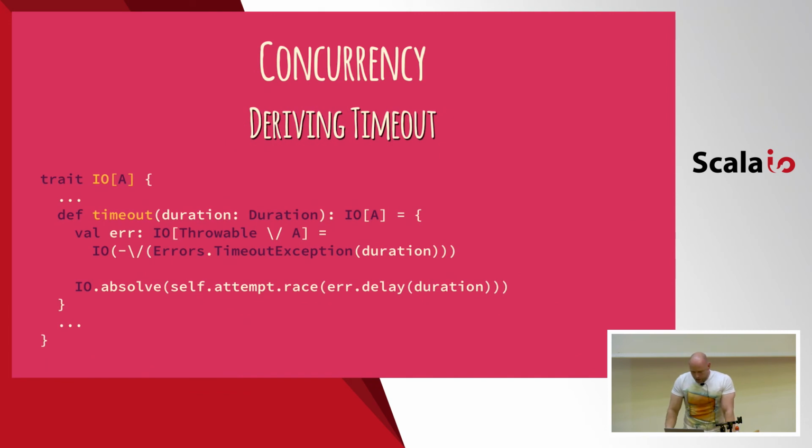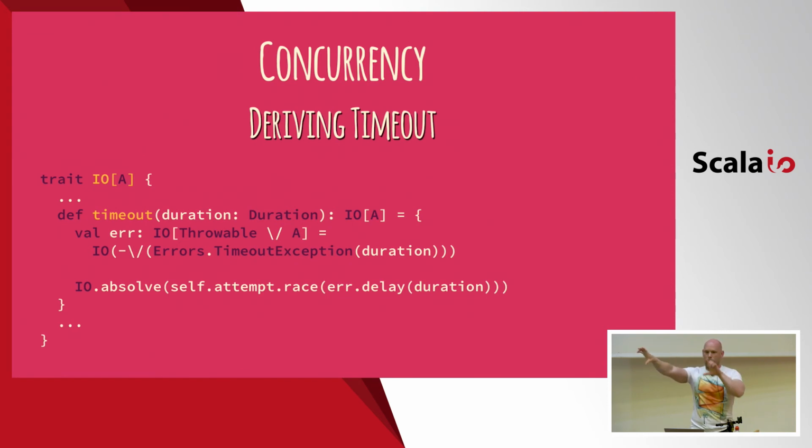In fact, we can also use this, the derived erase, to implement timeout, a non-broken timeout, which is unique because most timeouts out there are actually broken. So we specify a duration, and all we do really is produce an error saying we reached the specified timeout, and we delay that into the future.